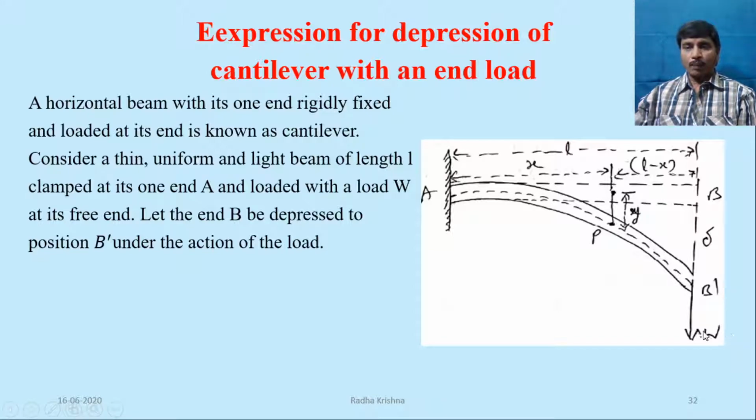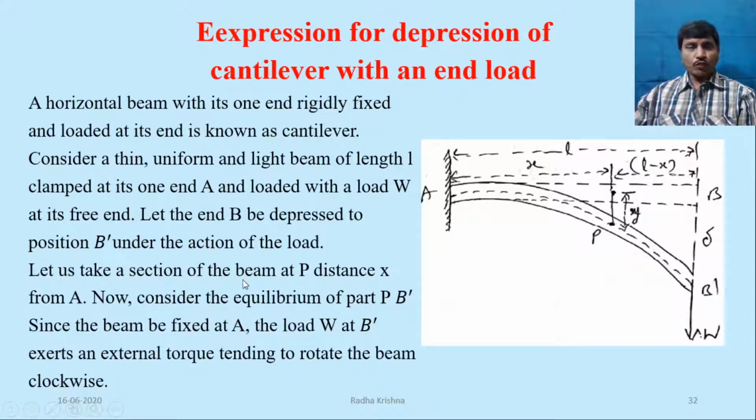When load W is applied, the cantilever is bent and the bent position is shown as AB dash. L is the length of the cantilever. Let the end B be depressed to position B dash under the action of the load.